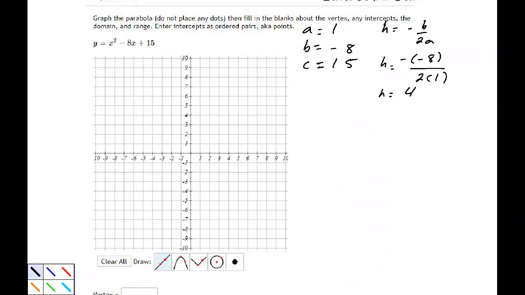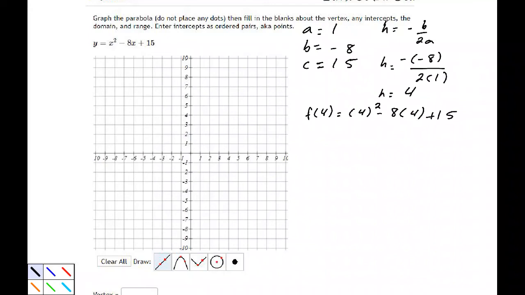Now, to find the k value for our vertex, I'm going to take that value of 4 and evaluate that into our function. So I'm going to find f of 4. That will be (4) squared minus 8(4) plus 15.